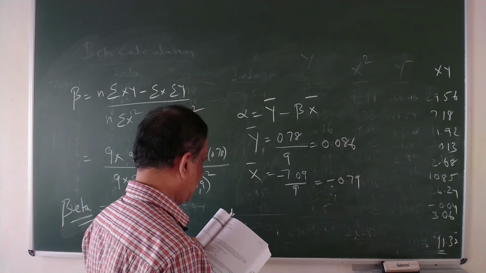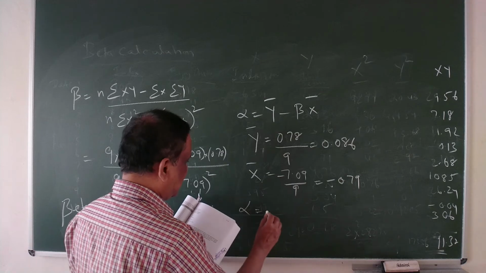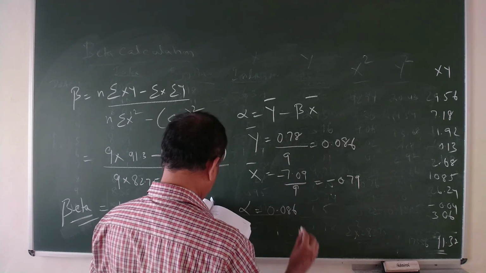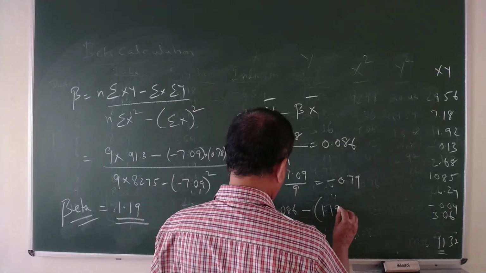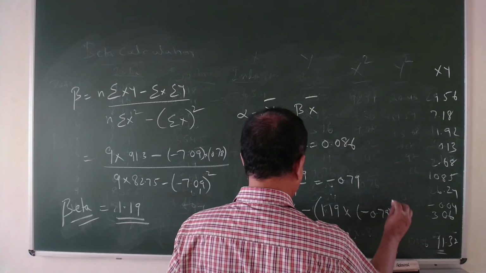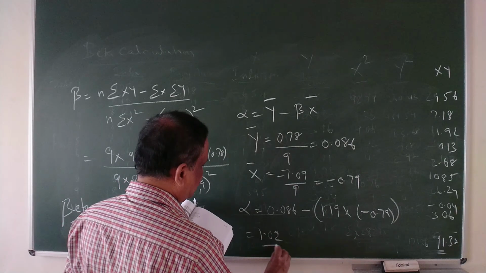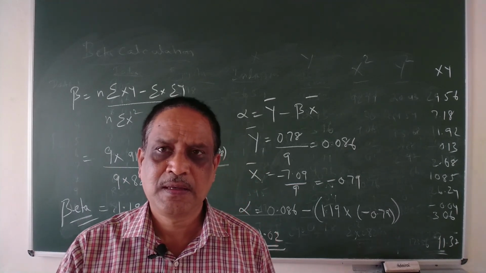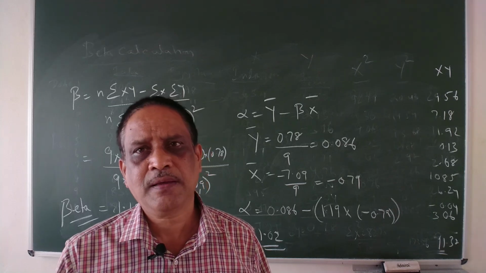So alpha would be 0.086, that is y bar, minus beta, 1.19, multiplied by minus 0.79. When you solve this, you will get 1.02. So we have calculated both alpha and beta, that is the slope and the intercept. Okay. Thank you.